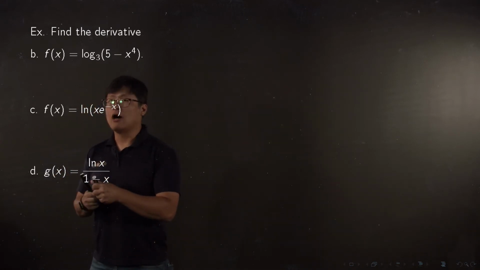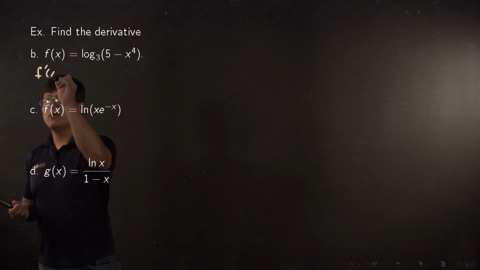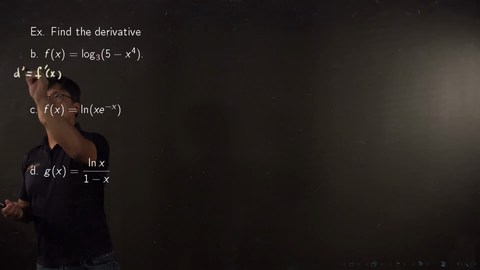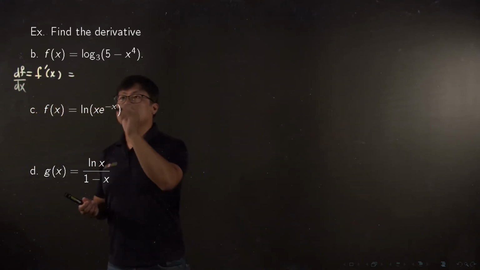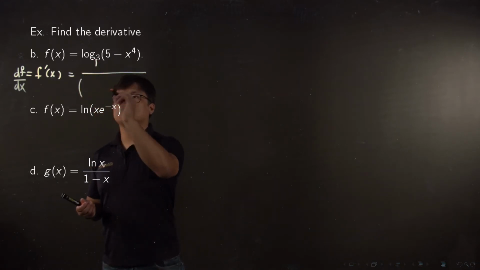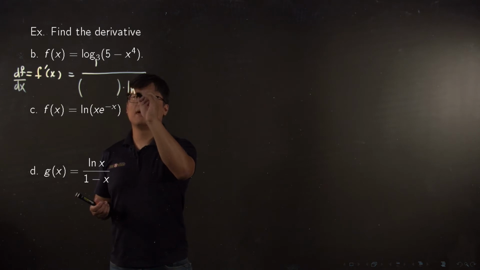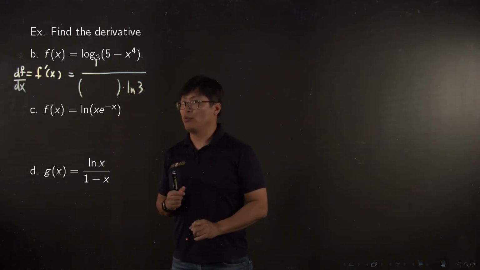So the outside function is the log function with base 3, okay? Then f prime of x, which is df over dx, is equal to, for the outside function, 1 over the inside function, and don't forget you have to multiply by ln 3 because your base is not e but 3, okay?